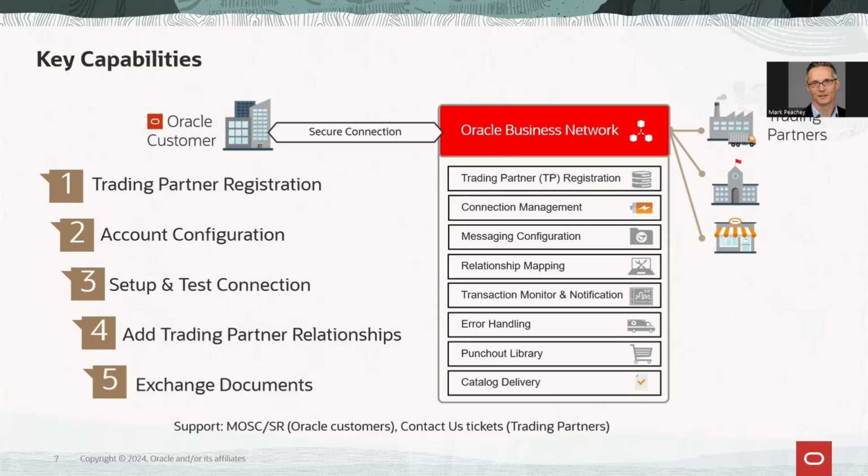There's a registration step. Every entity that wants to be on the Oracle Business Network has to register. For E-Business Suite customers, that means you go to the OBN website, register your details. We then, as the OBN administrators, will review those requests, and as long as you're a legitimate Oracle customer, we will approve your registration.